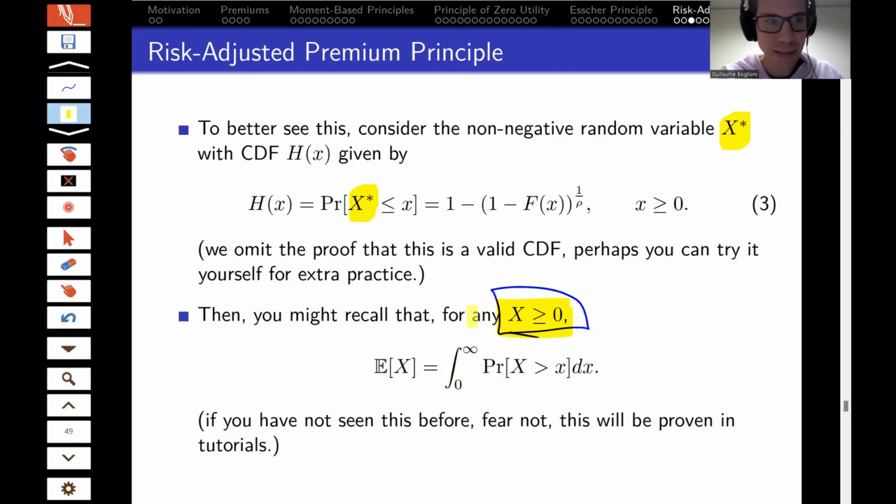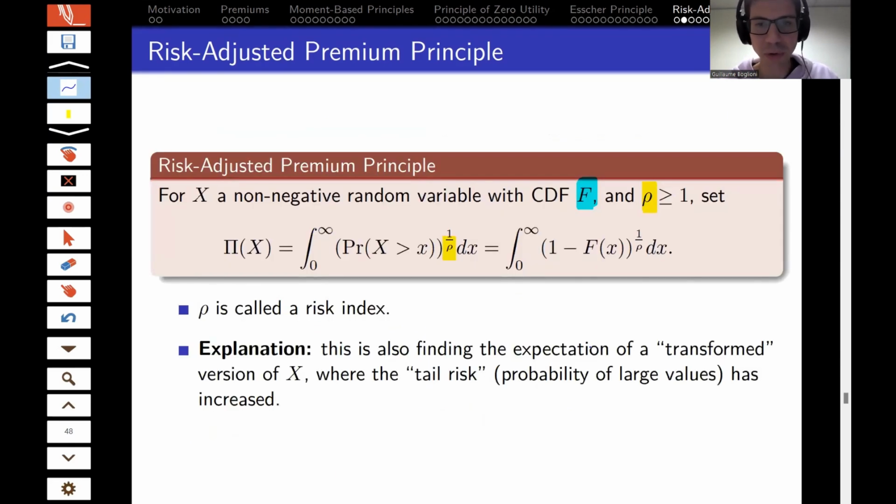That's always true for a non-negative random variable, whether it's continuous or discrete or even mixed. With this property, we can see that the premium here is in fact just the expectation of X star.